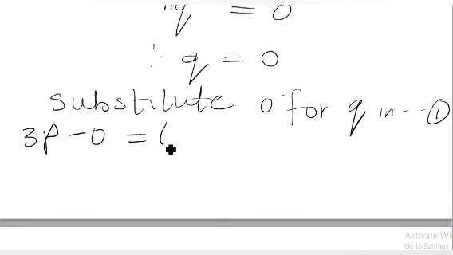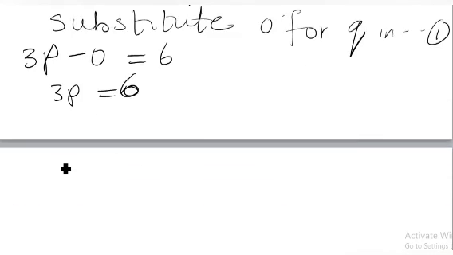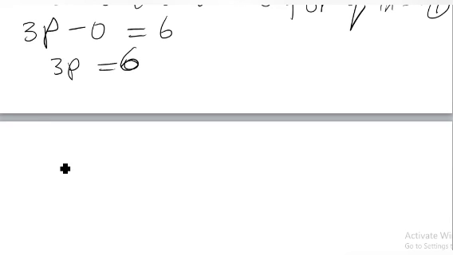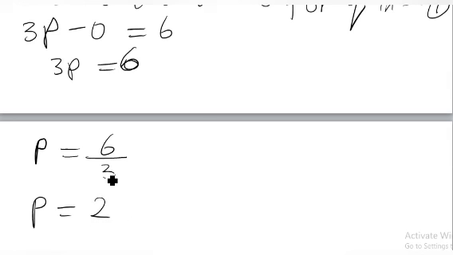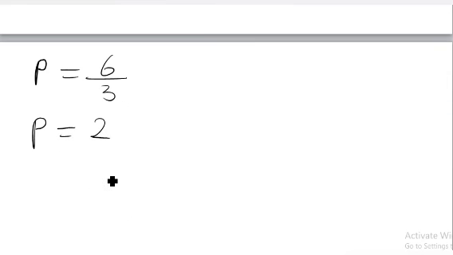So I have 3p equal to 6. Therefore, divide both sides by 3. I'll have p equals 6 over 3. p is equal to 2. And therefore p equal to 2 and q equal to 0.